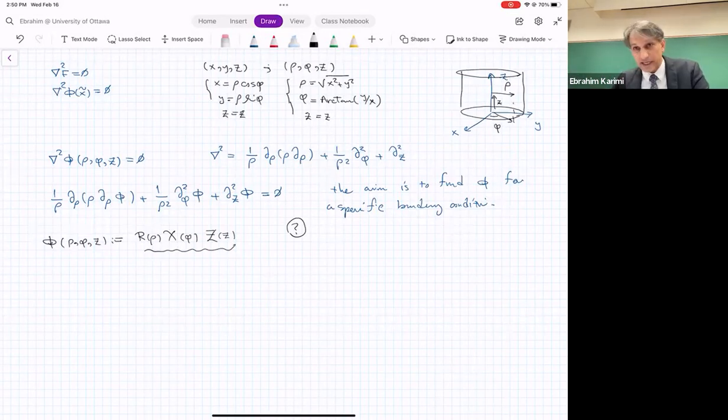So at the end of the day, we will do a summation over all the indices that these functions have, with coefficients C, M, N, or whatever else you may have, of R, M, chi, N, and so on. And then we assume that that's a superposition.